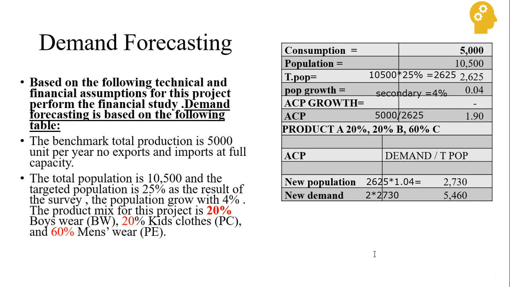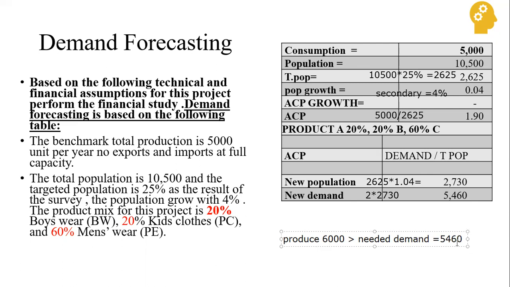So assume, let's say, that your capacity in this place is that you can produce 6,000. And the actual demand, the needed demand here, is 5,460. So which one am I going to base my estimation on? If I base my estimation on the 6,000, then I will have overcapacity, oversupply.